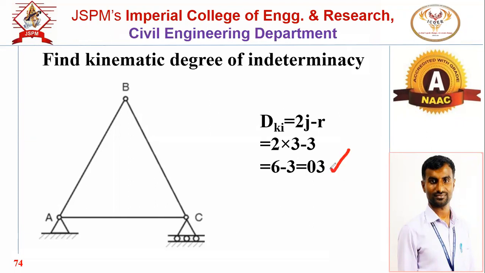Now here, what are those 3 degrees of freedom we are having? So at joint B, or if you consider A and C also, these are pin joints. Now tell me, at a pin joint, what kind of degree of freedom we are having?